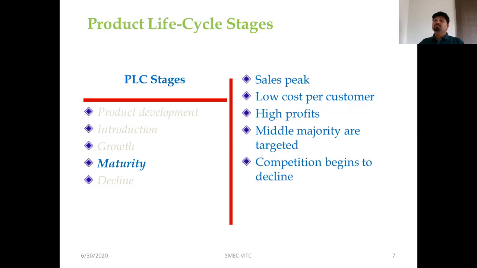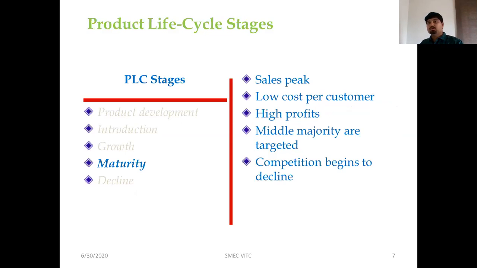Next one is about maturity stage, where you could find your sales have reached peak position. You are not going to spend a lot of money for getting customers to purchase this product, as the people who have purchased are becoming a goodwill or contribution from your side.